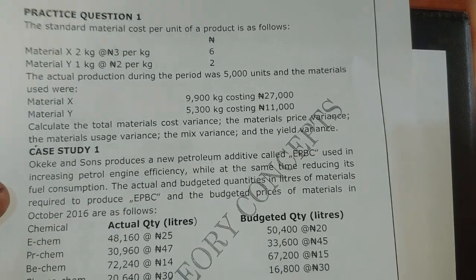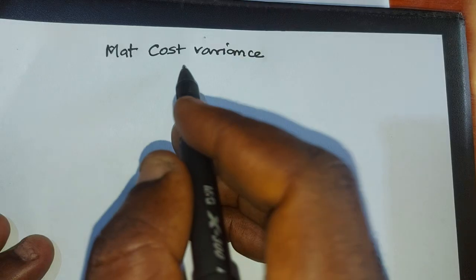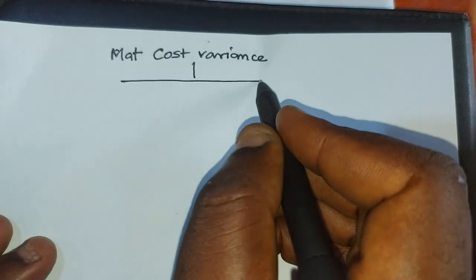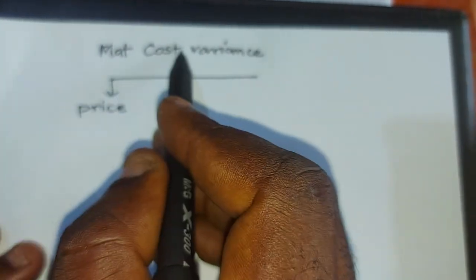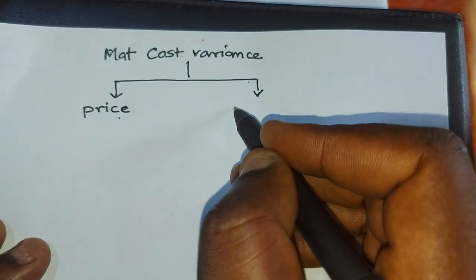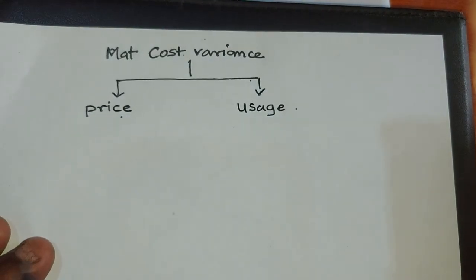But let me quickly do a kind of analysis when it comes to cost variance. Material cost variance can be split into two. We have the material price variance and material usage variance. Don't forget this.